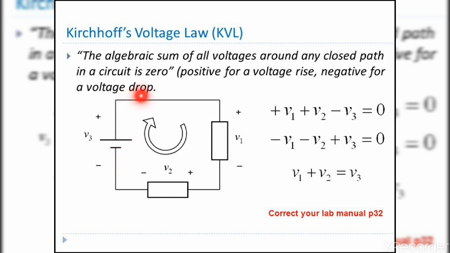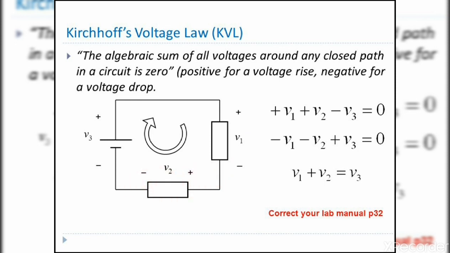In a loop we start from one point, move through the loop, and finally reach the same point. While moving through V3, it is negative to positive, a voltage rise, so V3 is positive, plus V3. In the same way, while we move through V1, it is plus to minus, a voltage drop, so minus V1.